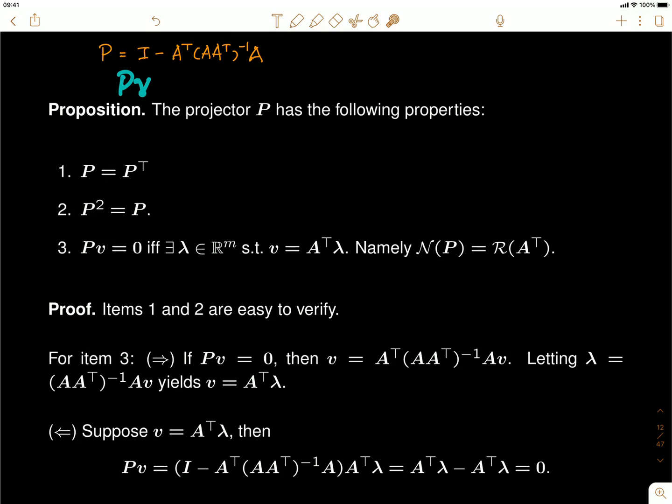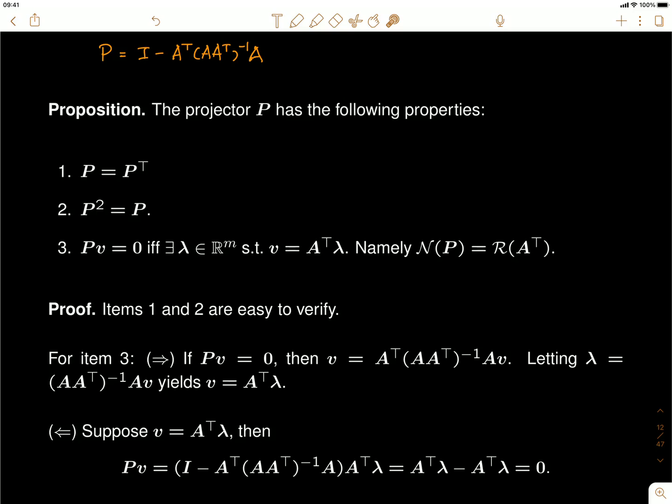And that means that Pv is already on the plane, which is the set of points x satisfying Ax equals 0. Well, if it's already on the plane, then you apply the P one more time, it will stay there, right? Because it's already on the plane. So that's why this is just equal to Pv. Okay, for any vector v, this will be true. That means P squared is just equal to P.